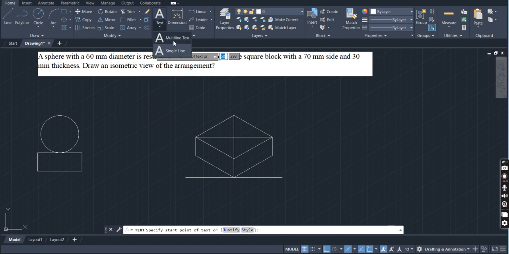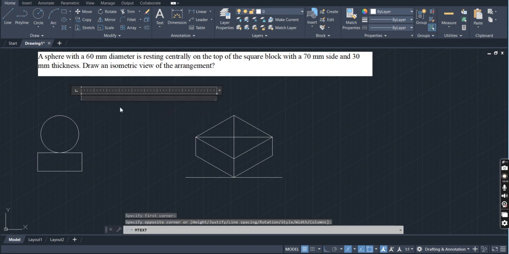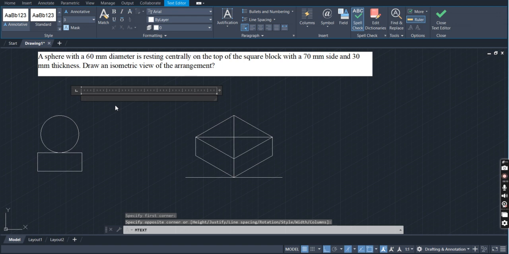I'm calculating the distance: the radius of the sphere is 30, 30 into 0.816 equals 24.48 mm.